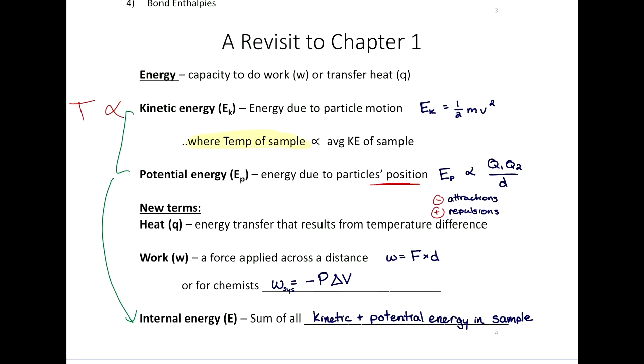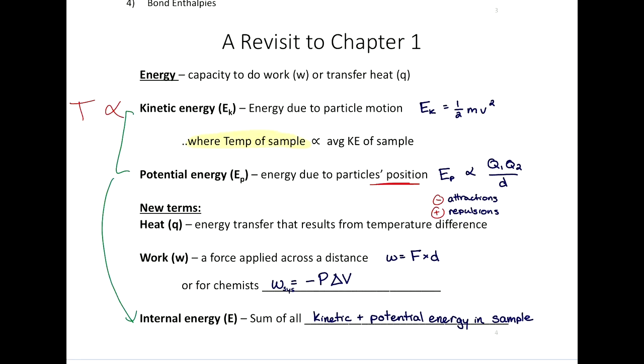So we talked about that previously. The new terms for this chapter are heat and work, and how those relate to calculating total internal energy for a system. We define the internal energy of our system as the sum of all of the kinetic and potential energy of our system.